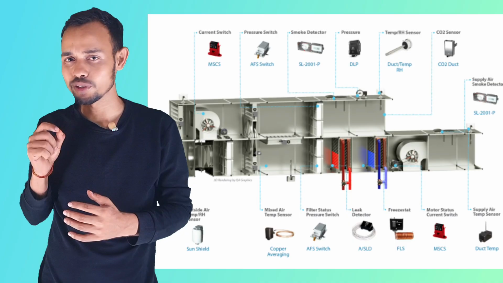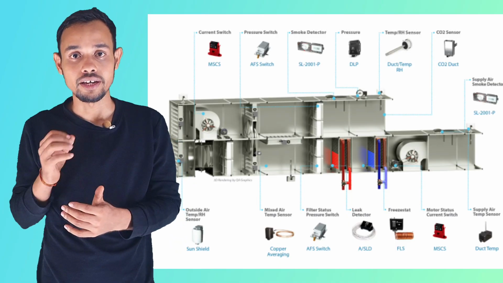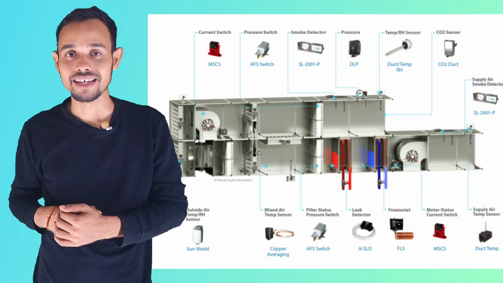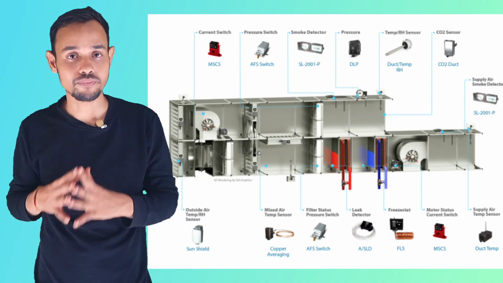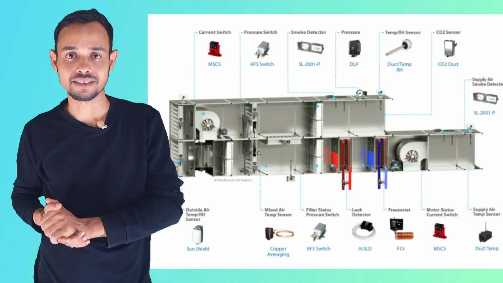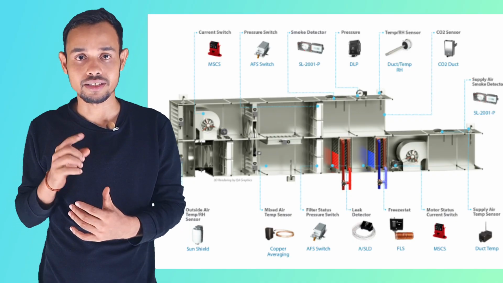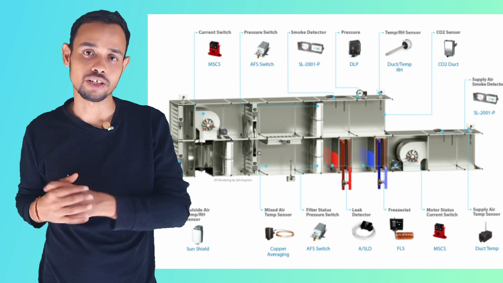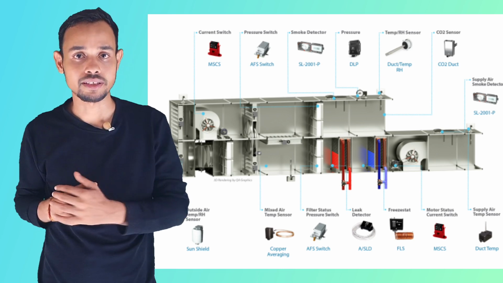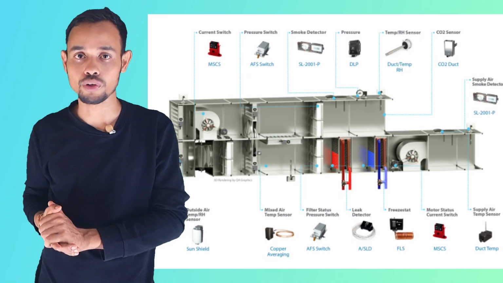Friends, maintaining 50 to 60% RH in a hospital is important for infection control. Okay, let's see the third sensor. The third sensor is the pressure sensor. Let's see the types and uses of pressure sensors. First is the static pressure sensor, which maintains air pressure in AHU ducts for fan control.